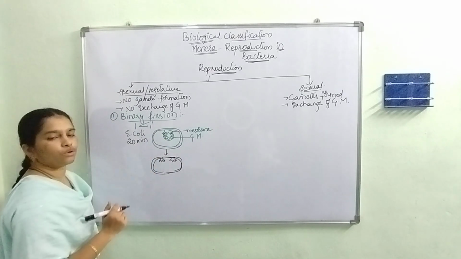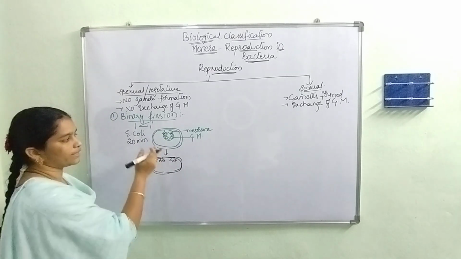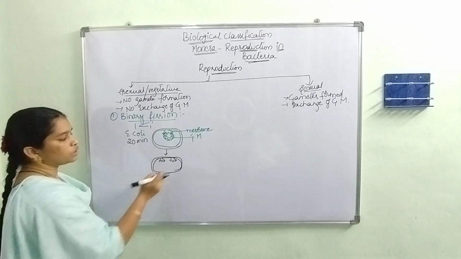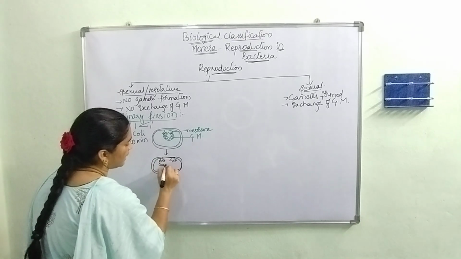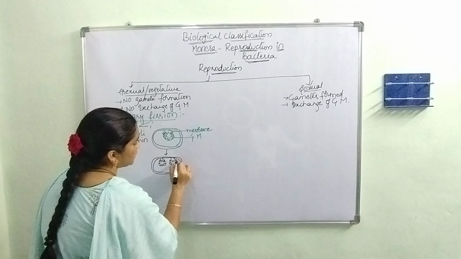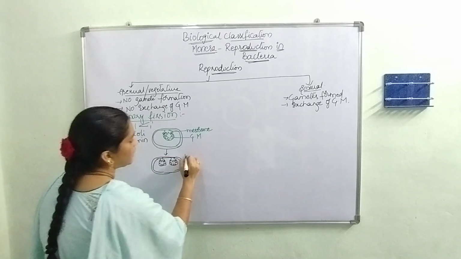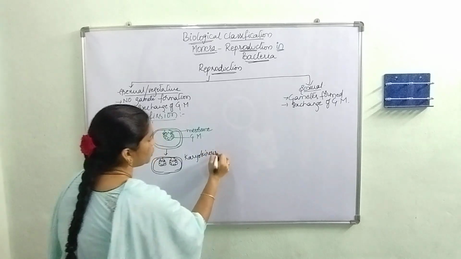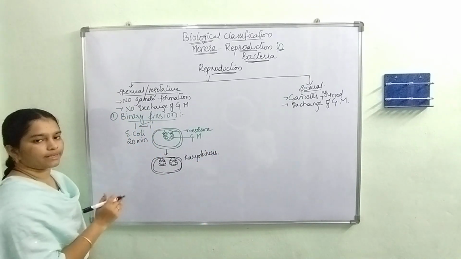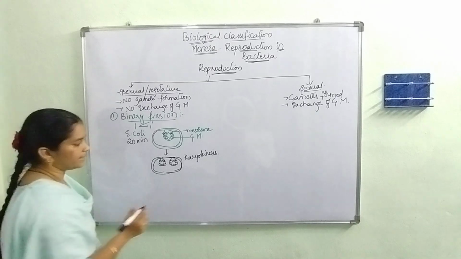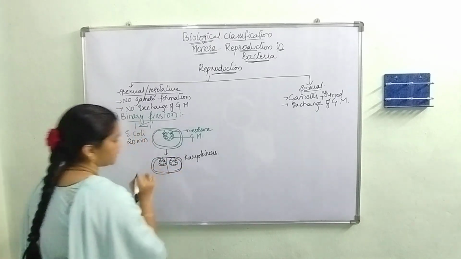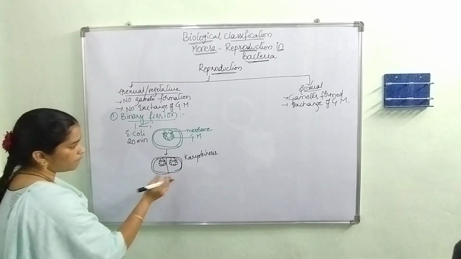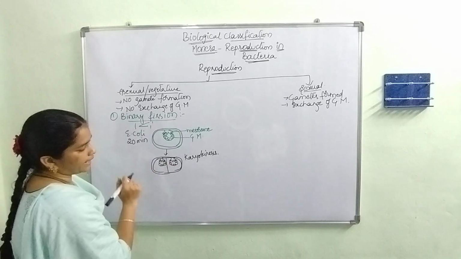There is no true nucleus in prokaryotes, so we can call it the nucleoid or genetic material. This genetic material is getting separated, so we call it karyokinesis. That is, the genetic material is getting divided, so two nuclei are produced.